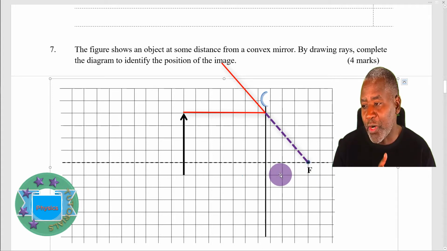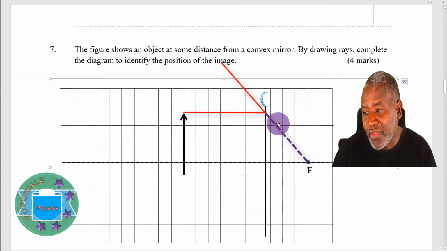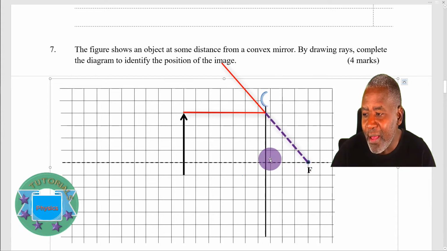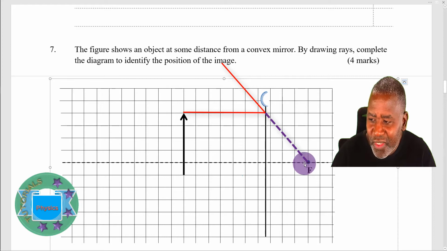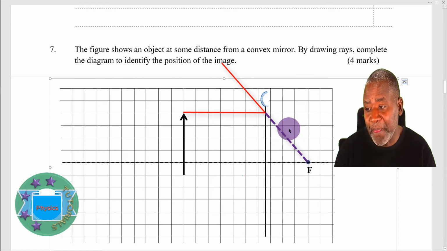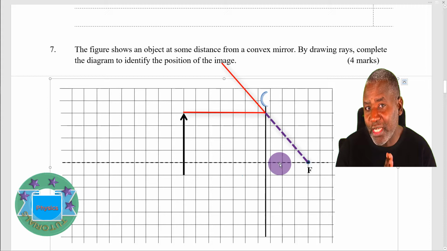Now, this dotted ray tells us that the image is formed somewhere between this point and this point, but we do not know exactly where. Whether it is here vertically or here vertically, we do not know where it is formed.